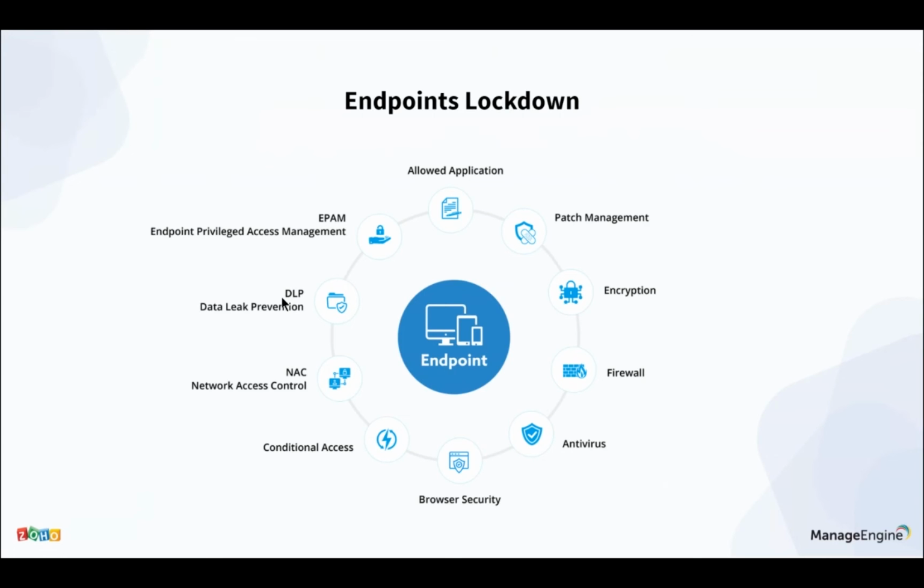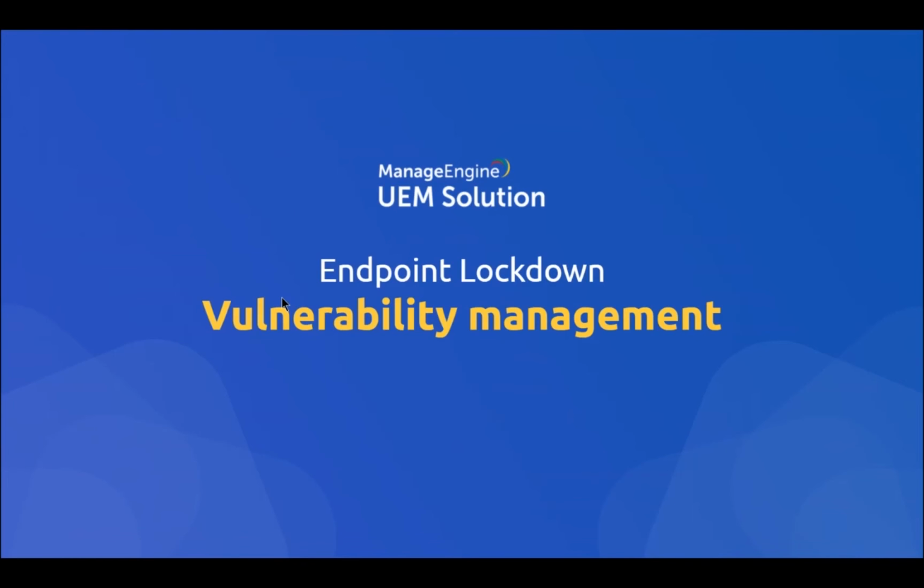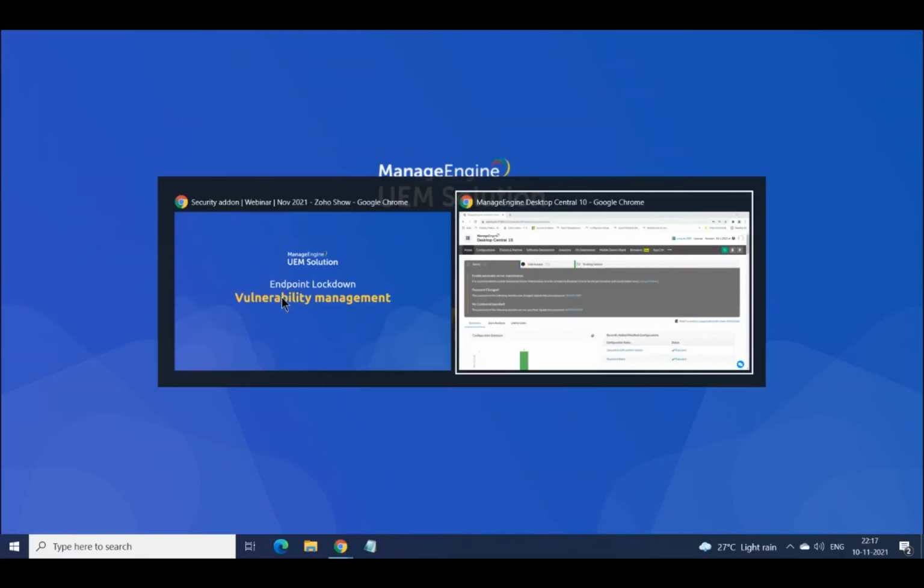Similarly, you can lock the endpoints with different security features so that they don't catch any threats while they are in a remote workforce. So these are some of the security features, and we'll be discussing them one by one. The first one would be vulnerability management. Comprehensive vulnerability management is the first key security measure that's available with Desktop Central. Let me take you to the product.